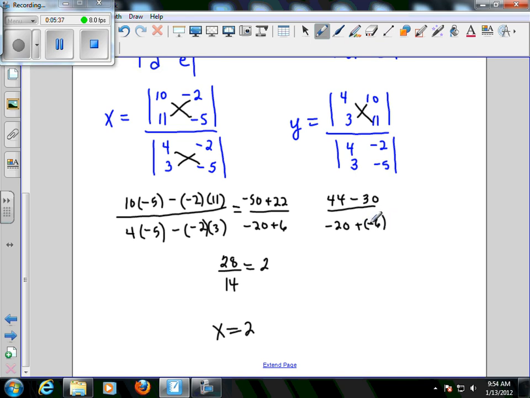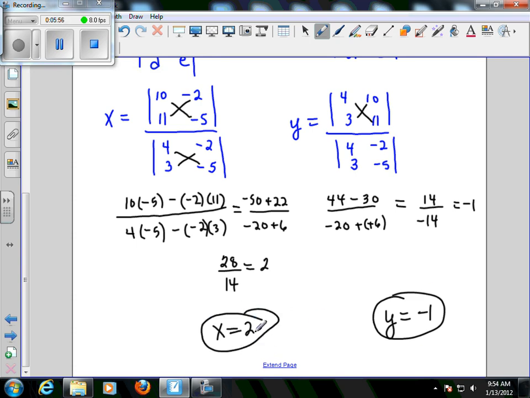Of course, those turn into positive. So we have 44 minus 30 is 14, divided by negative 20 plus 6, which is negative 14. So y equals negative 1. So we just solved this entire system using Cramer's rule.